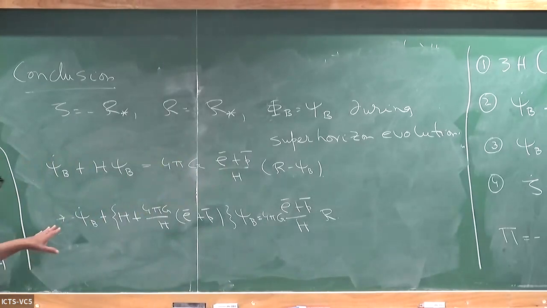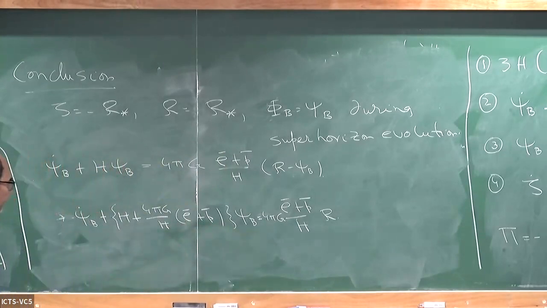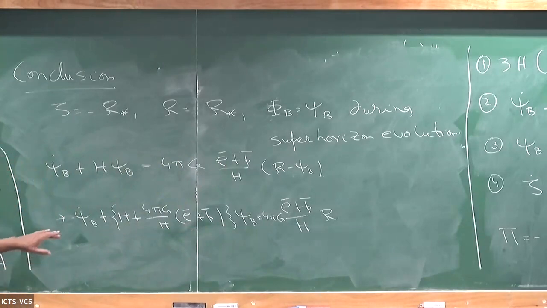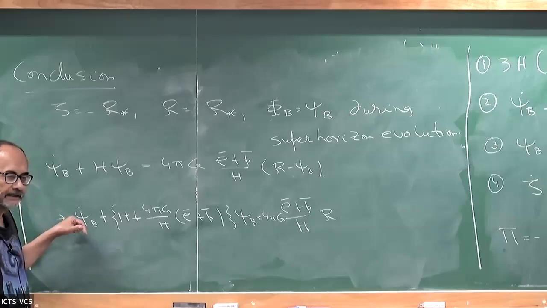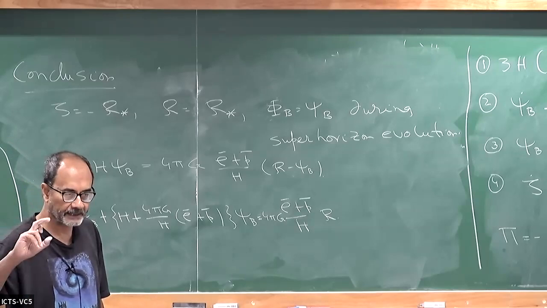So what is going to happen? This is what I'll discuss: in any given era, you use this. Any given era means when it's matter dominated, radiation dominated, etc. This will behave like a damping term, and that basically will dampen out psi b dot. Psi b will always go to a constant at the end.